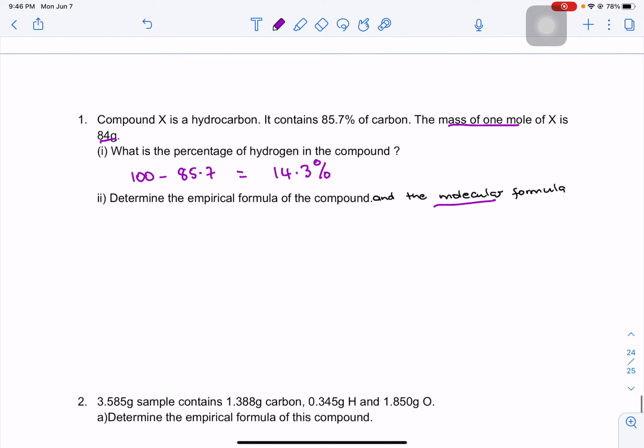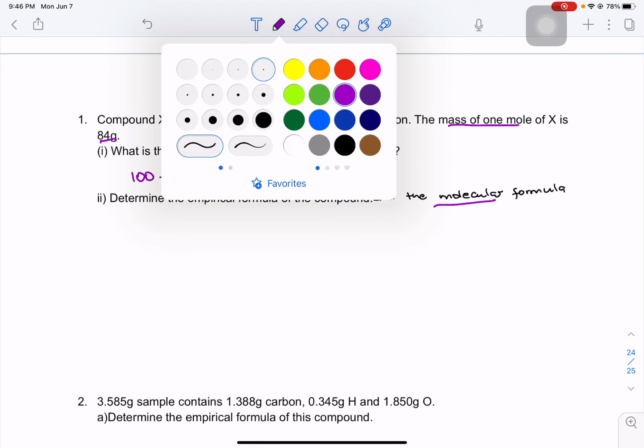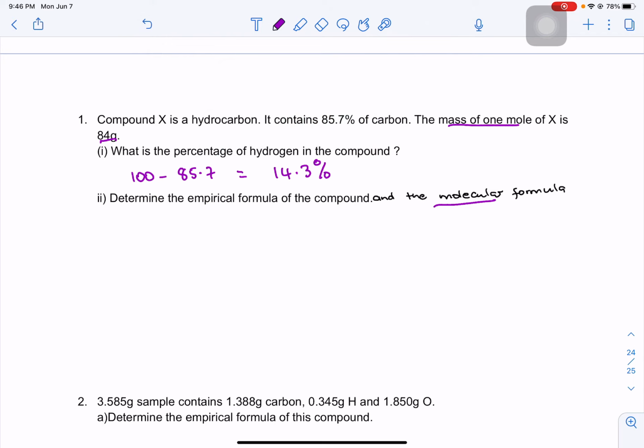Now, using this information, we want to find the empirical formula. Like I told you before, we write the elements we have, C and H, and we draw our line here and separate these two.